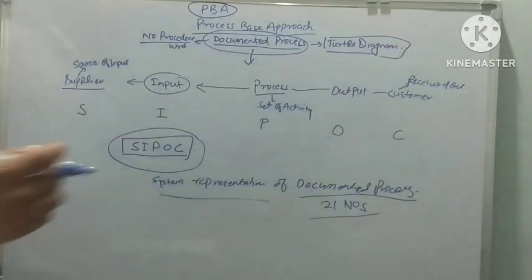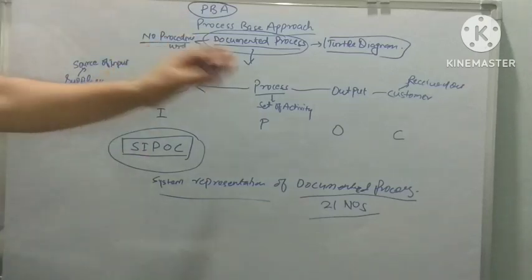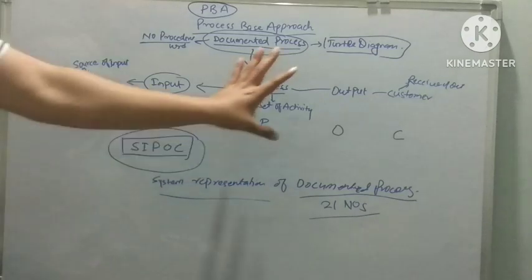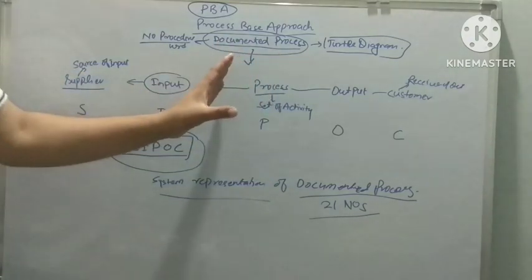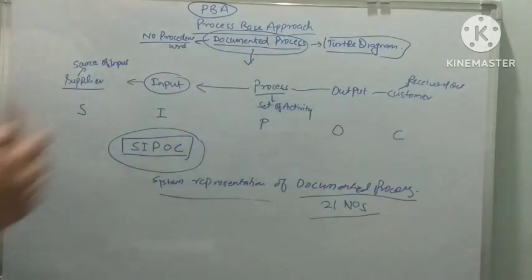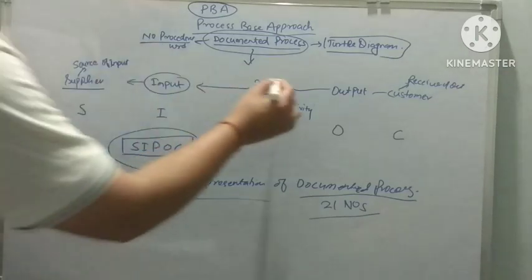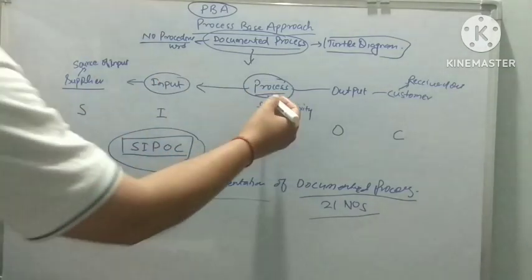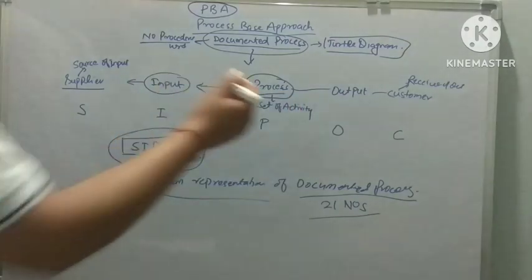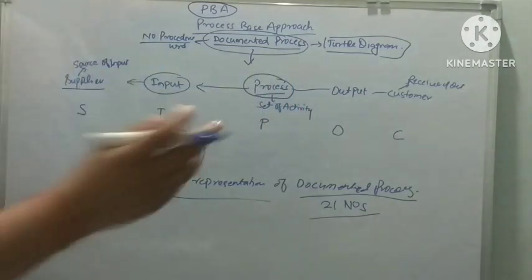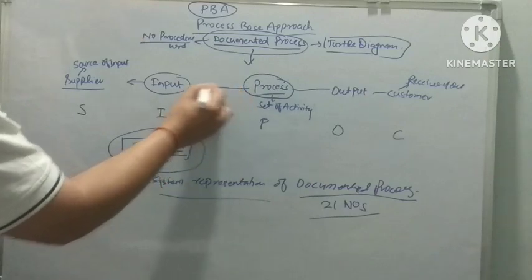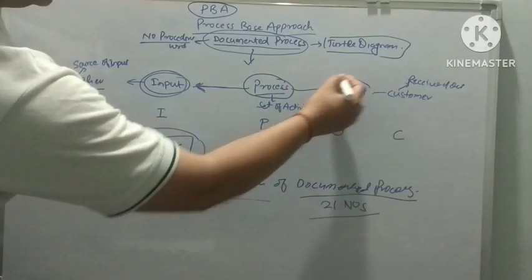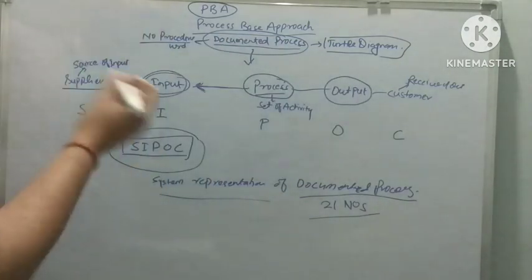Now how will we make the documented process? Here we have a systematic representation of a documented process. First, what is a process? A process is a set of activities. A process has some input and some output.